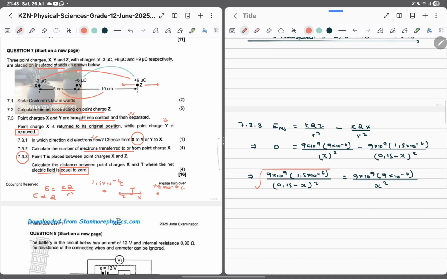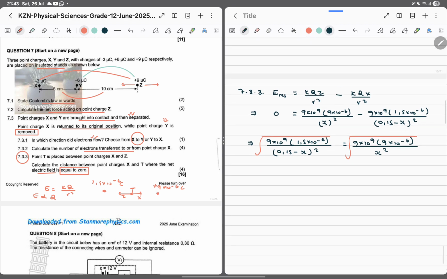So let's take a square root. When we can avoid the quadratic, we just avoid it. So this implies, now we have the square root of 9 to the 9 into 1,5 to the minus 6.